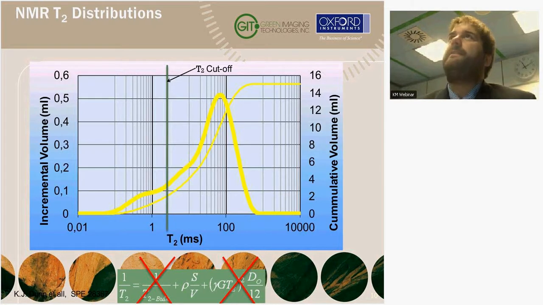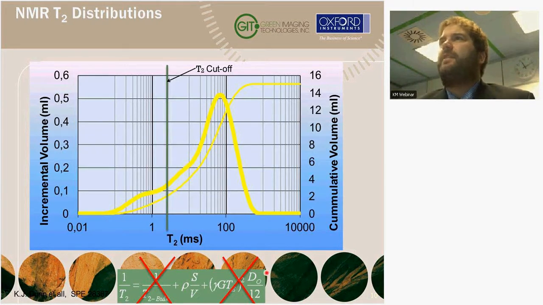So if we look at the equations involved, this is the T2 equation. This is the signal lifetime T2. It's determined by this term, the T2 property of the fluid. It also depends on the surface to volume ratio of the pore that it is in.